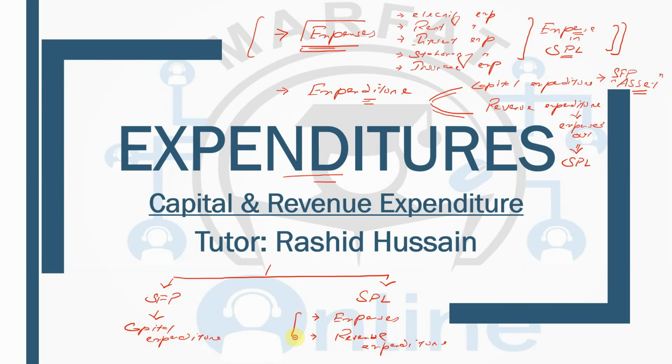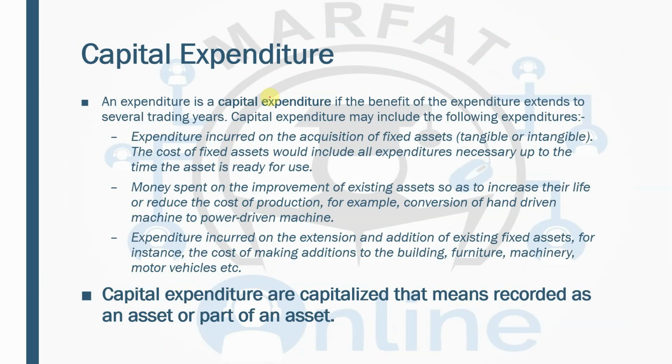So in terms of treatment, expenses and revenue expenditure are the same, but the capital expenditure is different. That is why we say there's a difference between the expenses and the expenditure. Now, first of all, we will be talking about the capital expenditure.